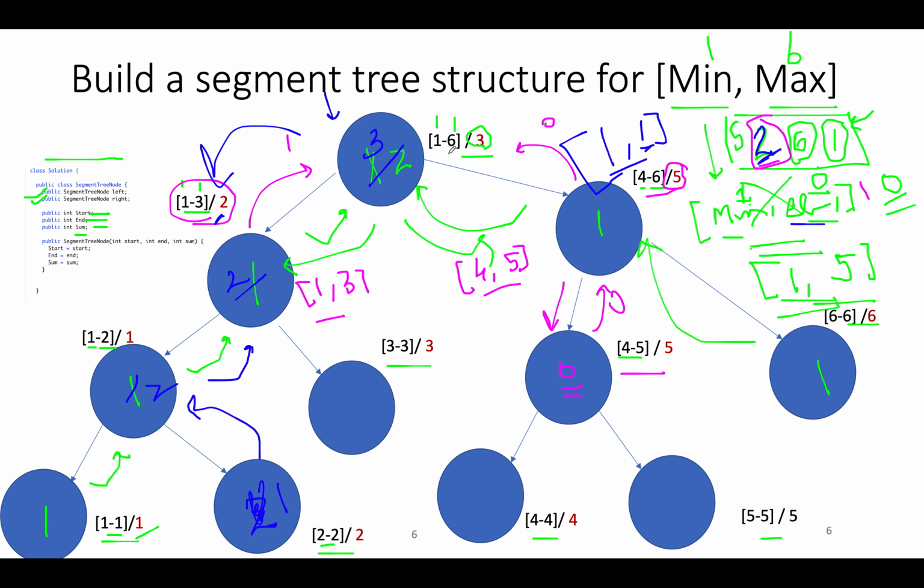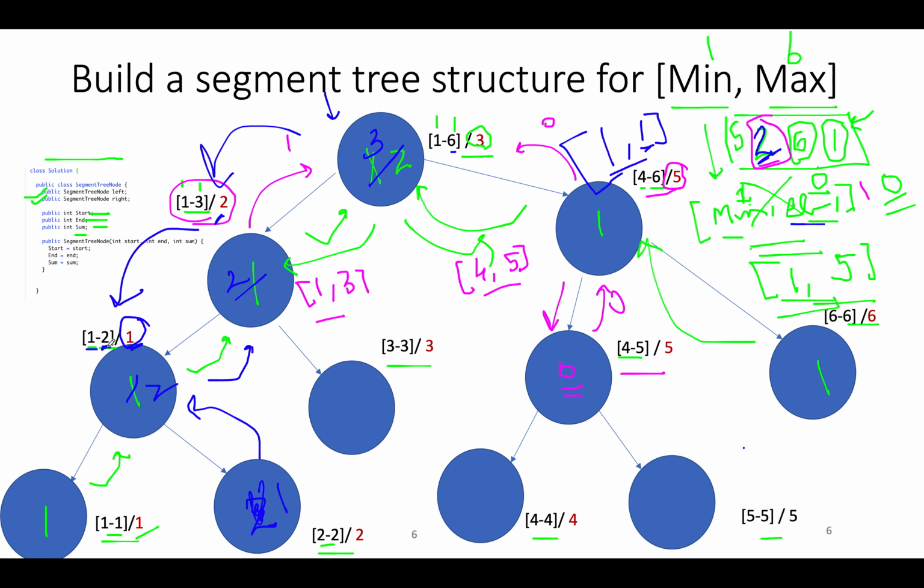Similarly was the case in the previous node as well, where we had 1, 6. 6 was greater than 1. Therefore we'll move towards the left direction. And what is the middle point in this case? The middle point is 1 and the ending point is 2, the starting point is 1, and we want to search for 1, 1.